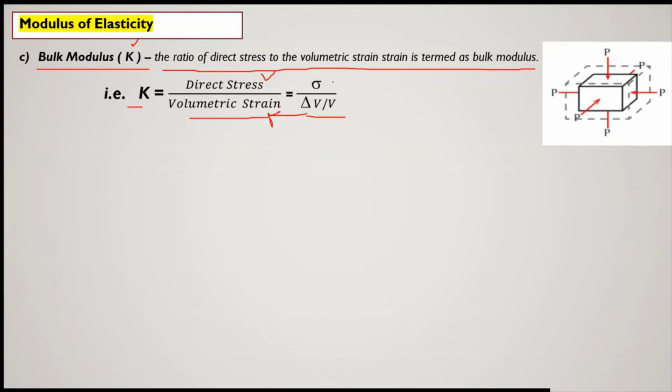The ratio of direct stress, which we sometimes call pressure, to volumetric strain is termed bulk modulus. That means it gives you some information about how bulky that material is.